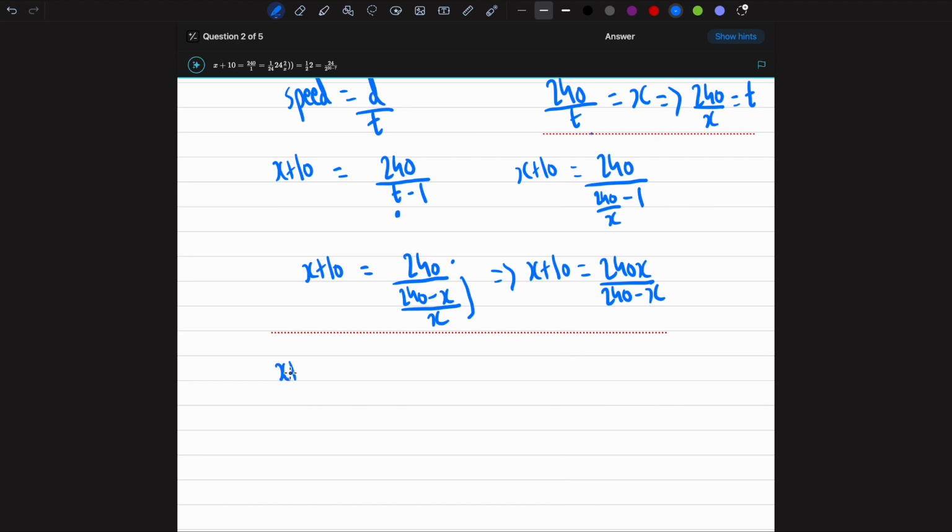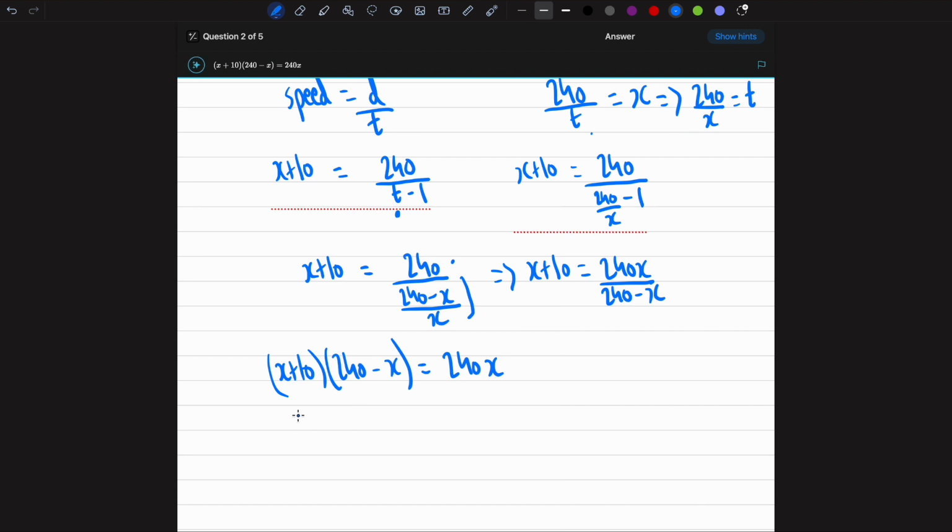So I have x plus 10 times 240 minus x is equal to 240x. We can open these brackets up using FOIL. So we have 240x plus 2400 minus x squared minus 10x is equal to 240x. Well, this and this can cancel out, and we bring all of this to the other side.